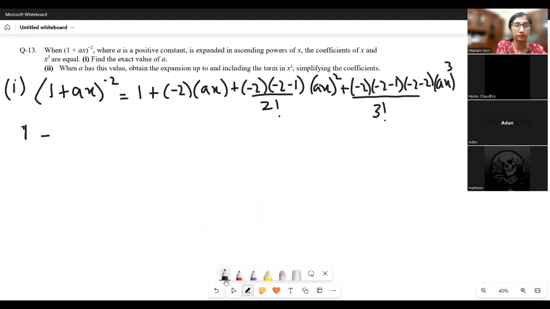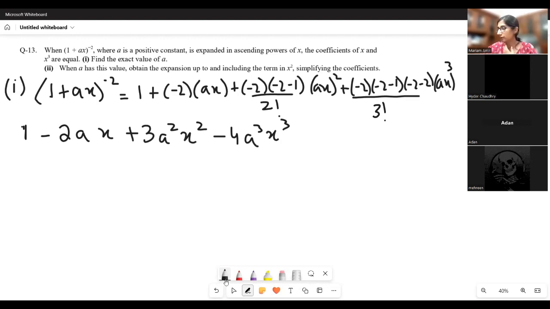The coefficient of x is coming out to be minus 2a. The coefficient of x square is minus 2 times minus 3 divided by 2 factorial, so that is plus 3a square x square. The coefficient of x cube is minus 2 times minus 3 times minus 4 divided by 3 factorial. I'm getting minus 4a cube x cube.